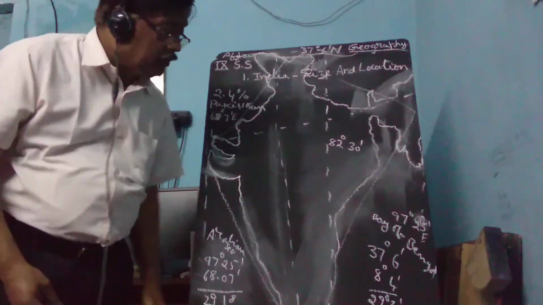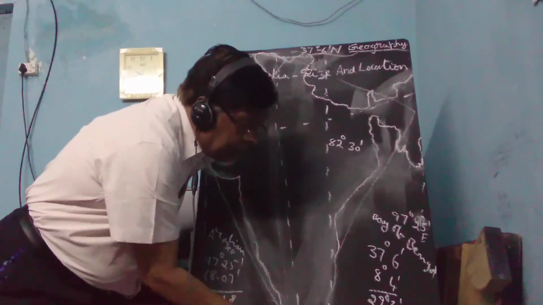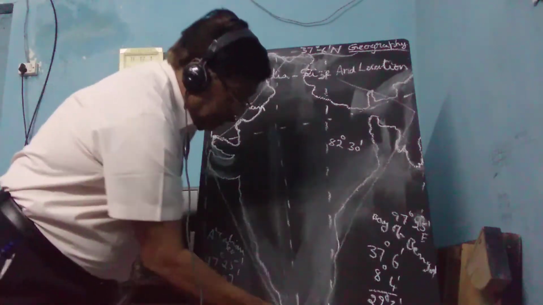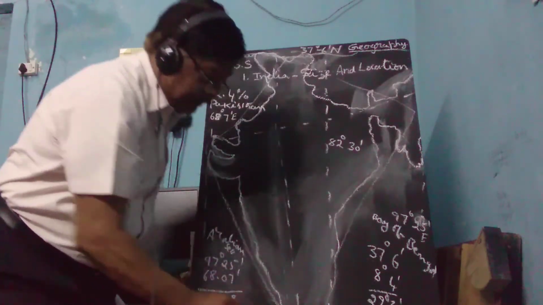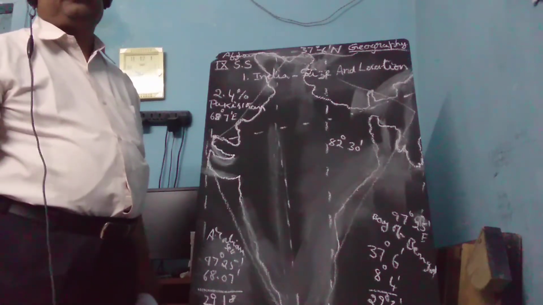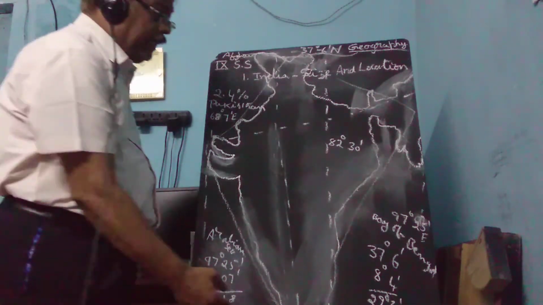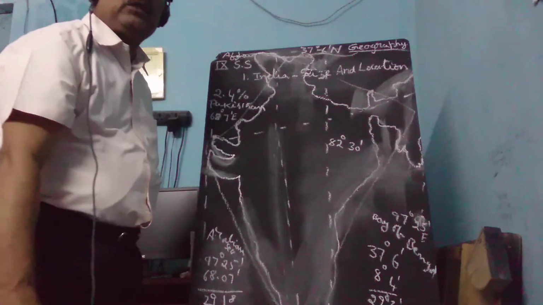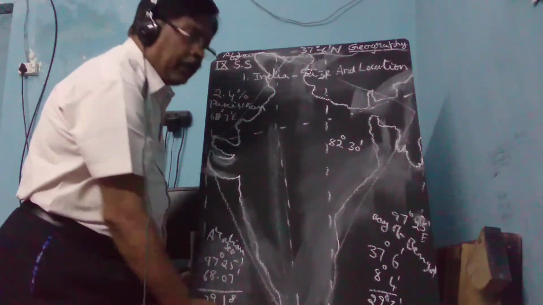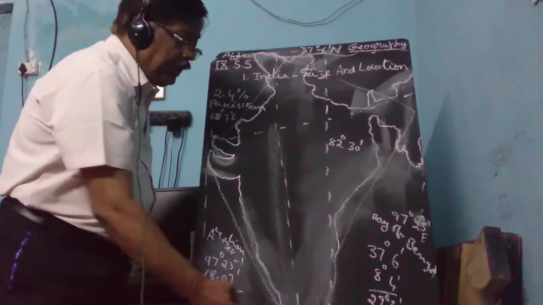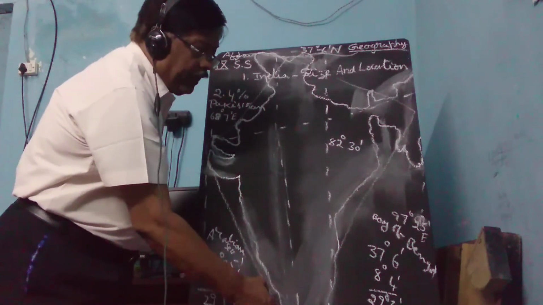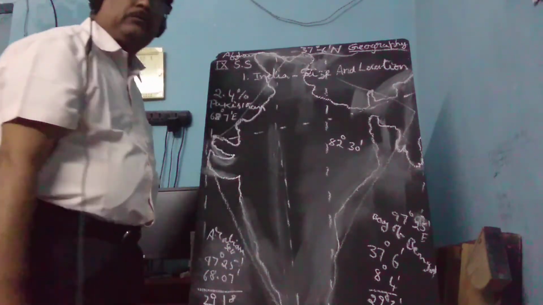And while you come to the south, it is Sri Lanka, a country which is lying in the Indian Ocean, very near to India. This Sri Lanka is separated from India by the Pak Strait.